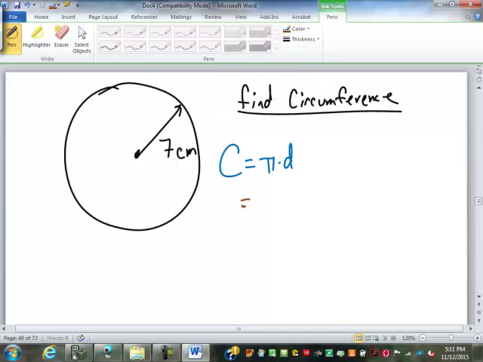What's the diameter here? 3.14 times 14. Diameter is twice the radius. You could use 2 times pi times 7 if you wanted to. Yes, that would be the same thing. We get what? 43.96 centimeters.